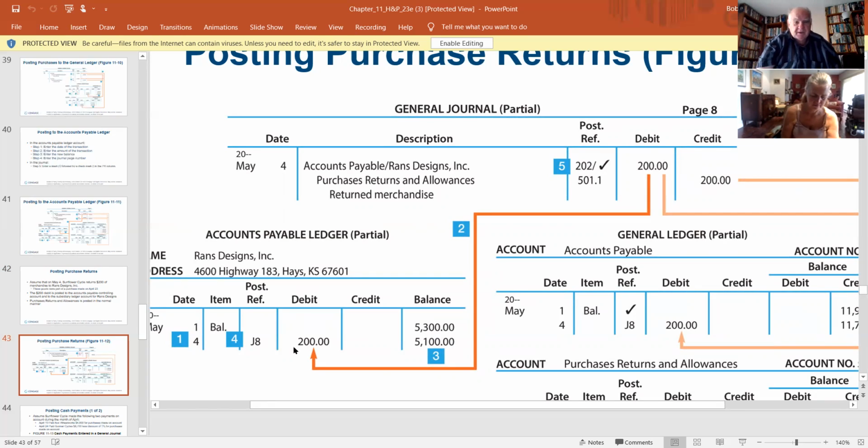Accounts payable would be a control account because that exists in the general ledger. The subsidiary account would be the detailed accounts, the purchase discounts, purchase returns and allowances. But in the accounts payable ledger, we're only interested in the debits and credits to accounts payable.